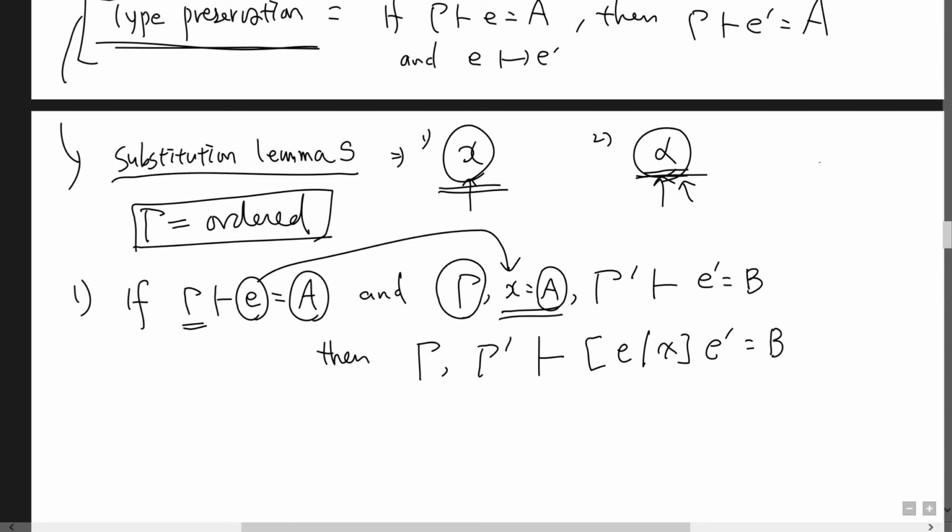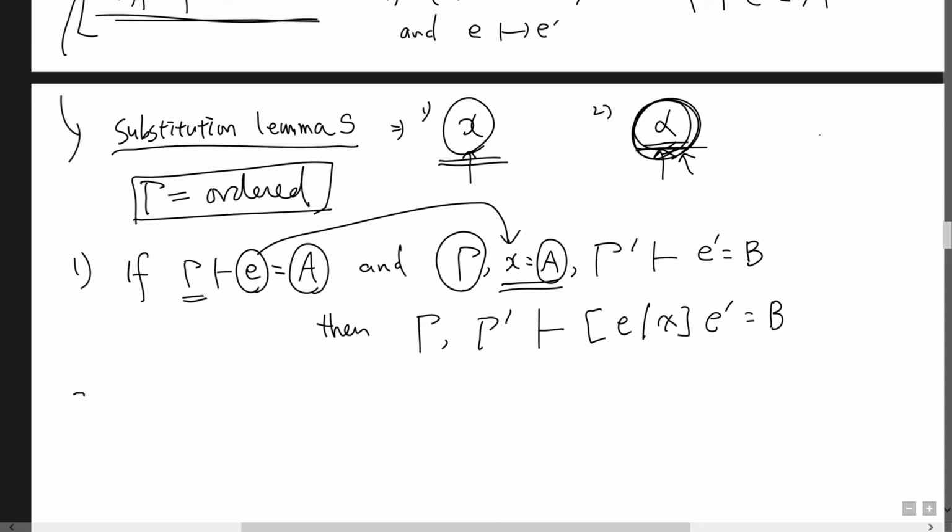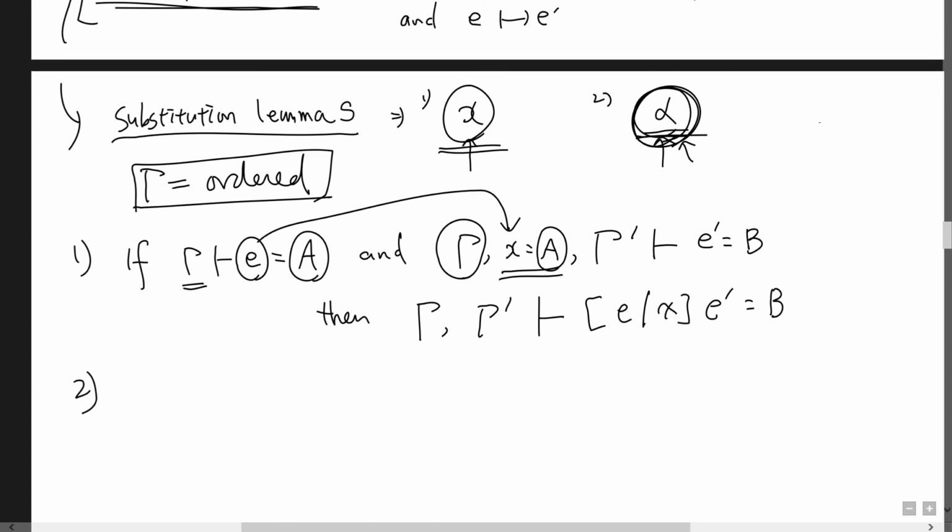Now let's talk about the substitution lemmas for this type variable. So first, let's assume that A is a valid type. Now, let's suppose that in addition to the existing typing context gamma, now we have this type variable alpha.